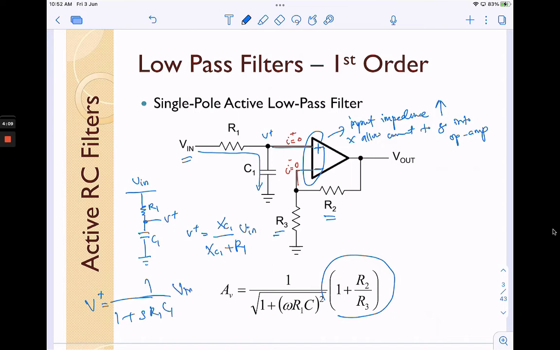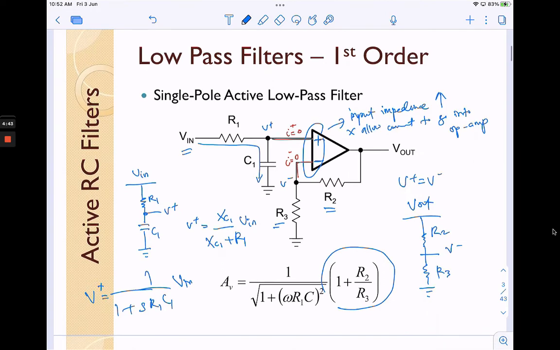Okay, and then for R2 and R3, you know that V plus equals V minus, and the same analysis can be made using this Vout. You can draw R2 and then R3 goes to the ground, so this is V minus, this is R2, this is R3, and you can find V minus by taking the voltage divider rule.